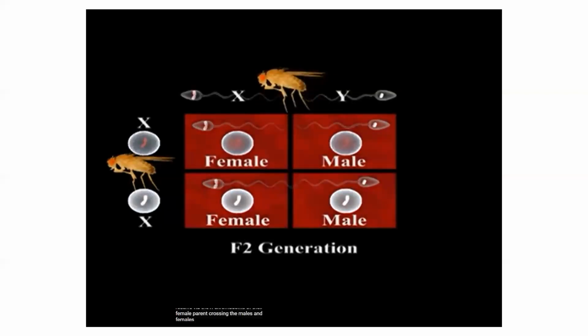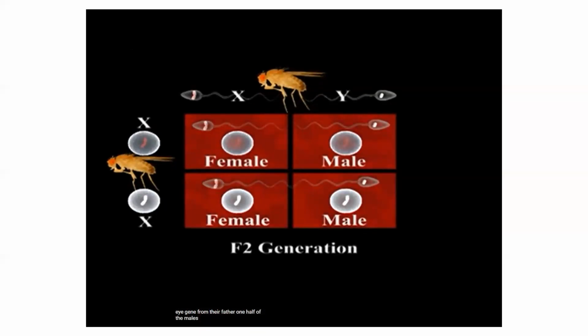Crossing the males and females of the F1 generation produces an F2 generation in which one half of the females are homozygous for red eyes, inheriting one red-eye gene from their mother's X chromosome and the other from their father's X chromosome. And one half are heterozygous, inheriting the white-eye gene from their mother and the red-eye gene from their father.